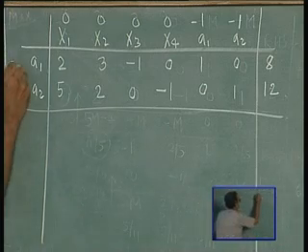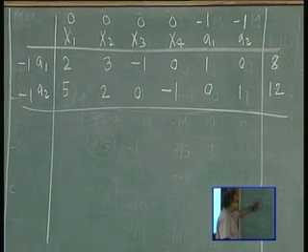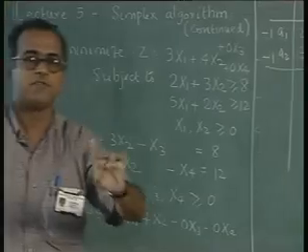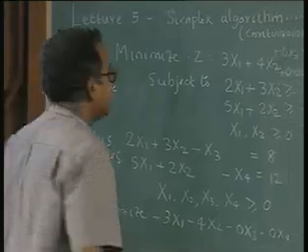So now we start with a -1 here and a -1 here. Please remember that we are not using this 3x1 plus 4x2 in the first phase of the two-phase method. We would put all zeros in this phase.